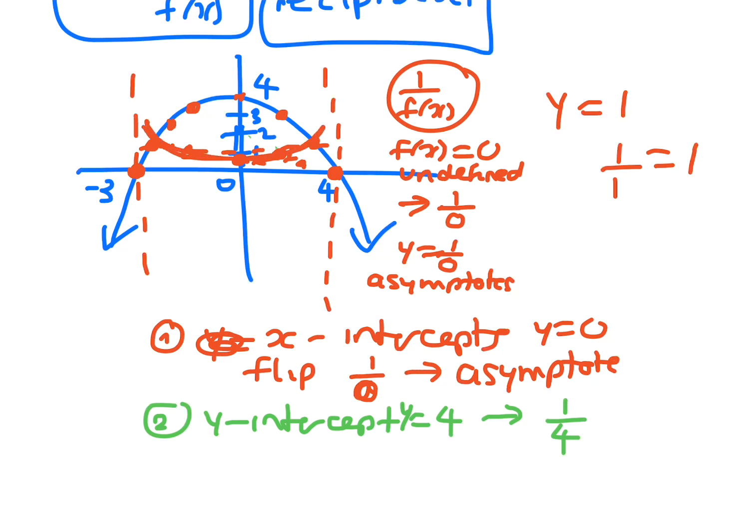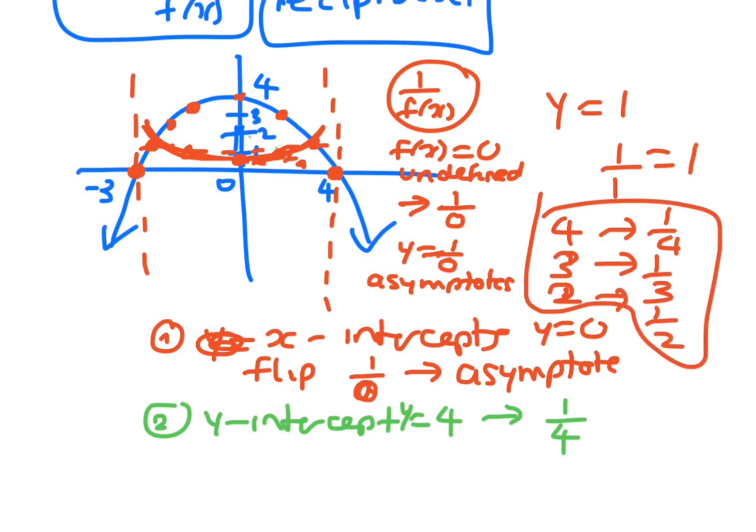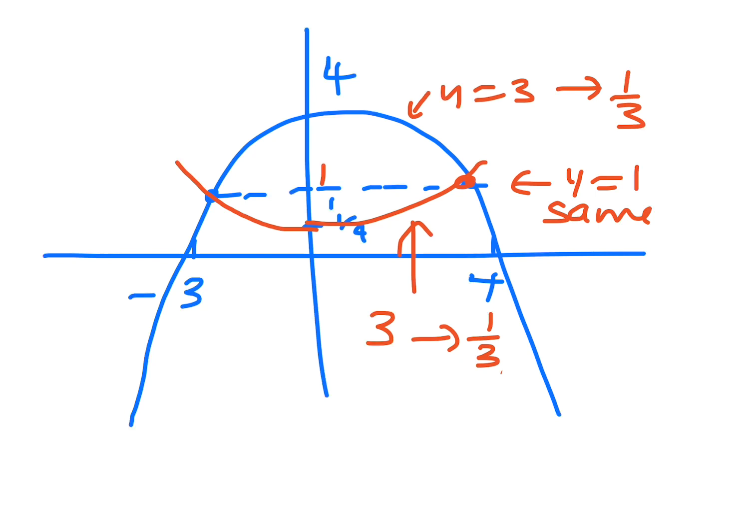When you flip the big numbers, if you flip 4, it goes to a quarter. If you flip 3, it will go to a third. If you flip 2, it goes to a half. So when you flip the big numbers, they come down and become smaller numbers.